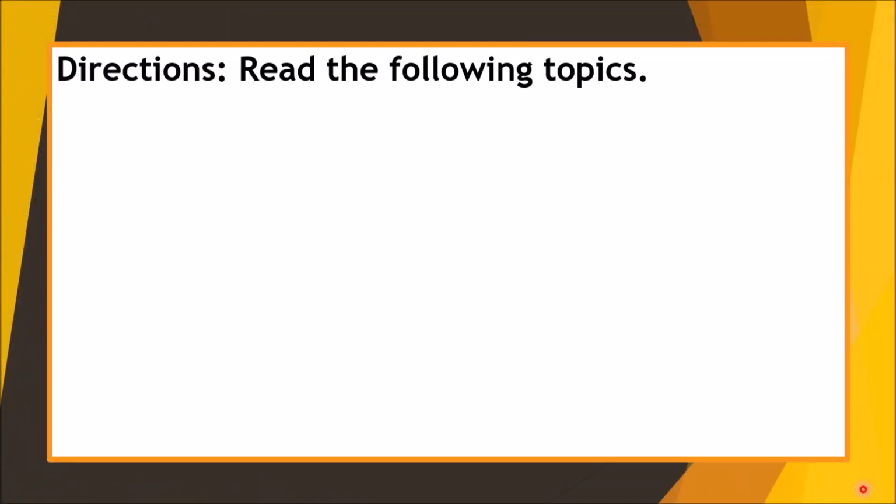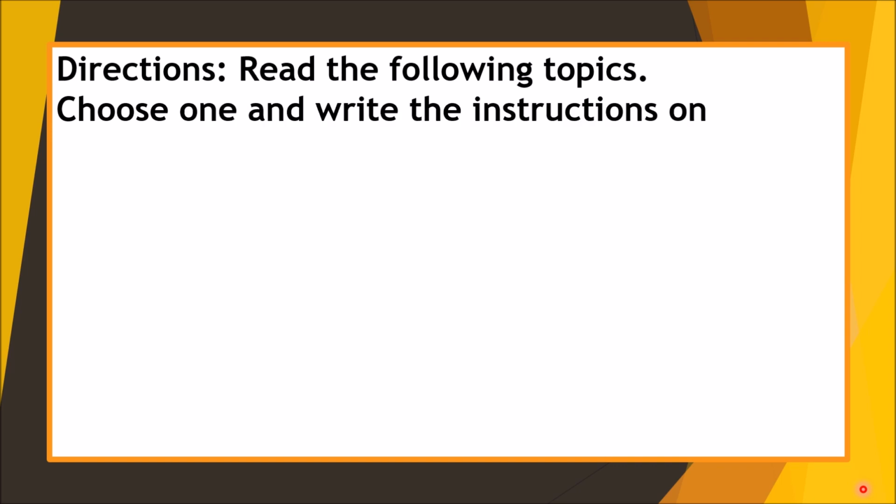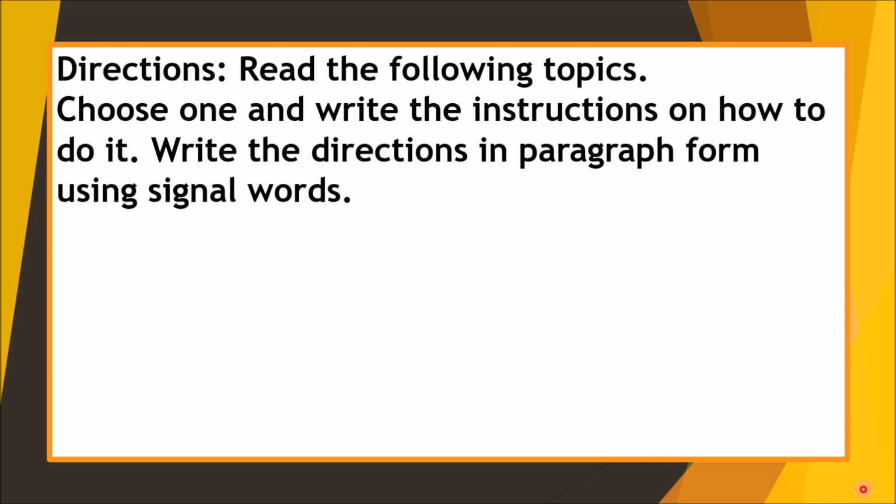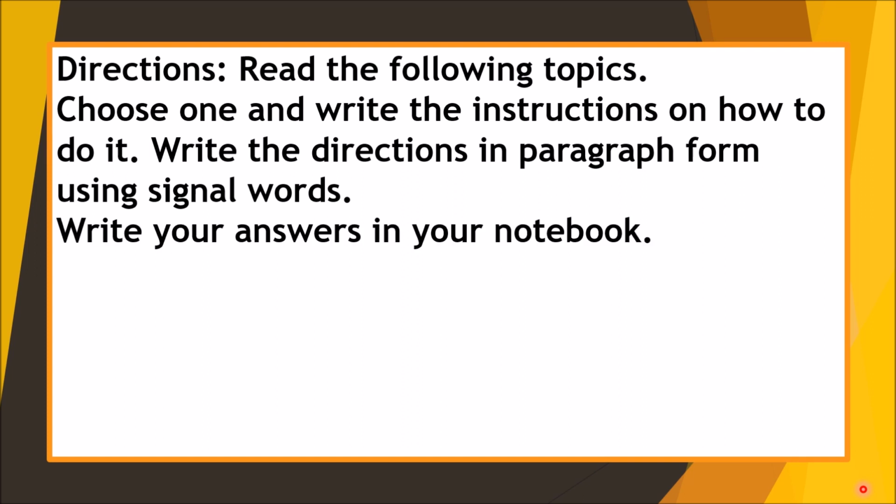So another direction, read the following topics. Choose one and write the instructions on how to do it. Write the directions in paragraph form using signal words. Write your answers in your notebook.